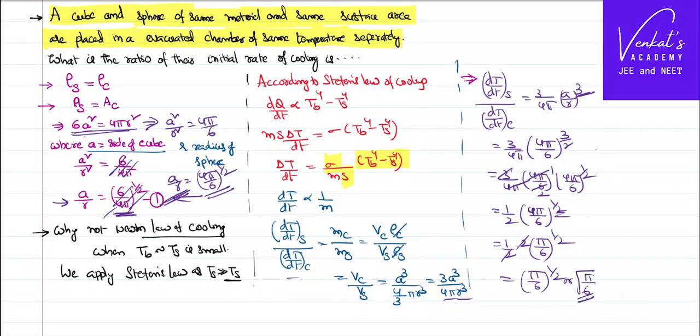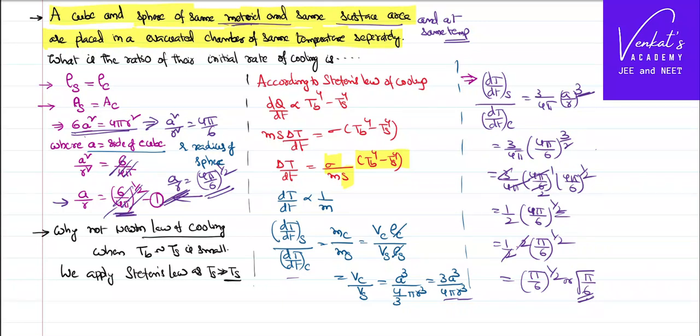This is how we can find the ratio of the rate of emission of heat. The conditions given here are same material, same surface area, and same temperature, but their volumes are different.